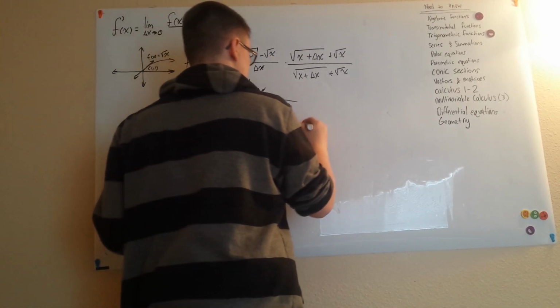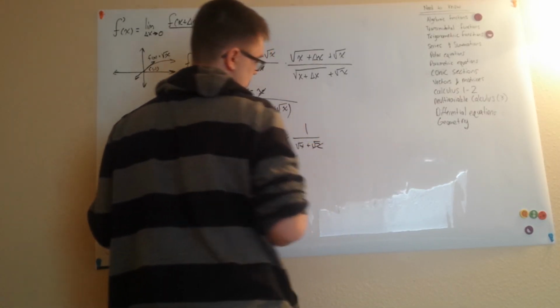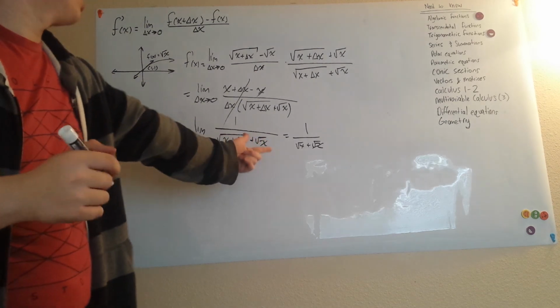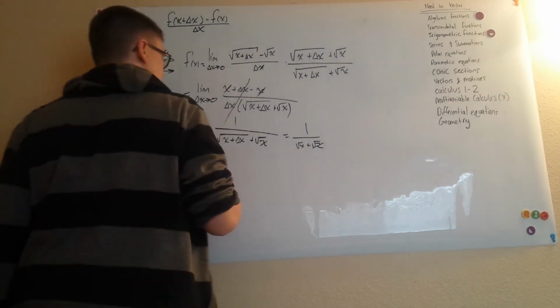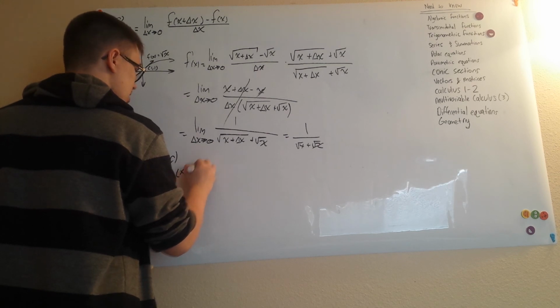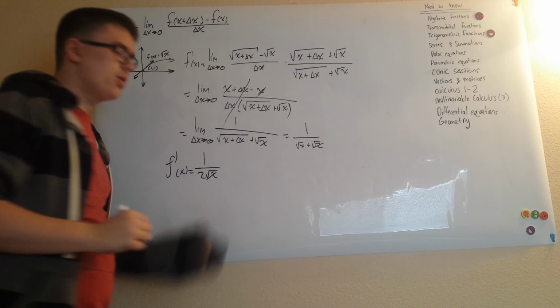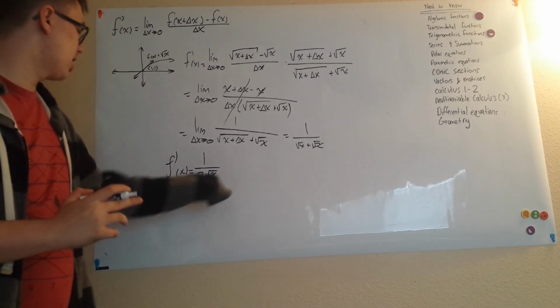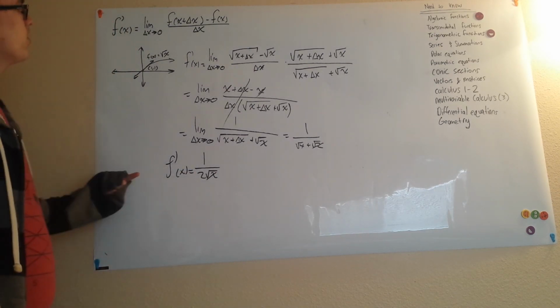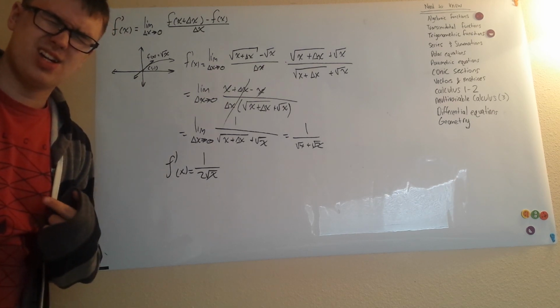If I put in 0, we get this, and this is just 2 times the square root of x. That means f prime of x equals 1 over 2 root x. That is a derivative. Whoa, I let the cat out of the bag.